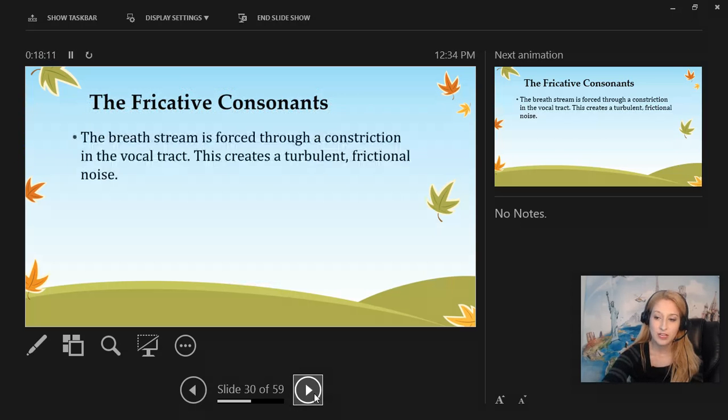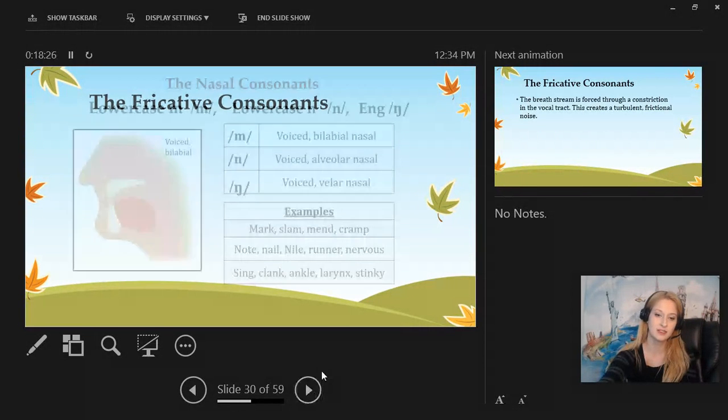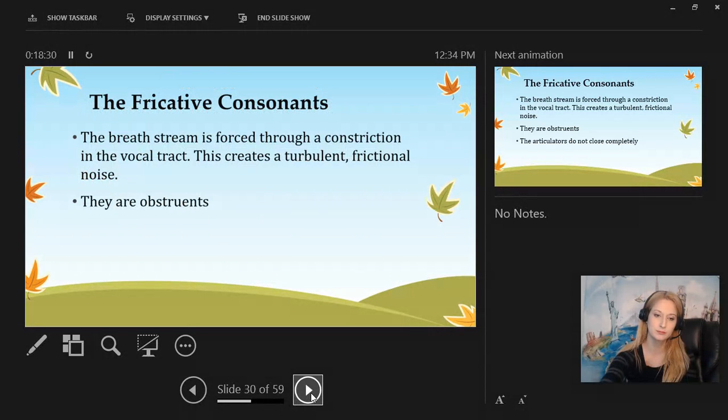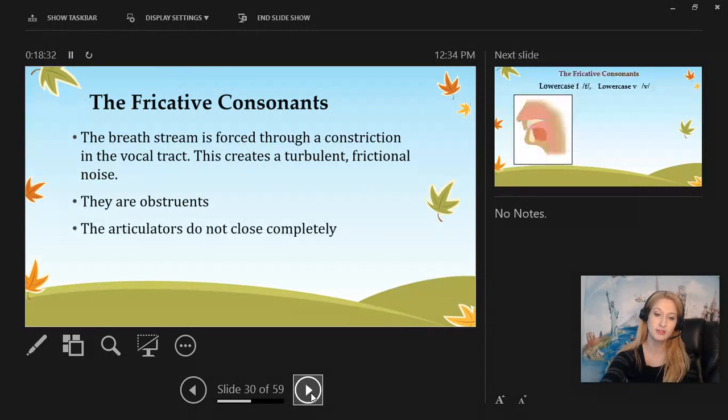Next, we have the fricative consonants. So with the fricatives, the breath stream is forced through a constriction in the vocal tract. This creates a turbulent frictional noise, which is why it's called a fricative, because of that noise. They are considered obstruents, and the articulators, though, do not close completely.